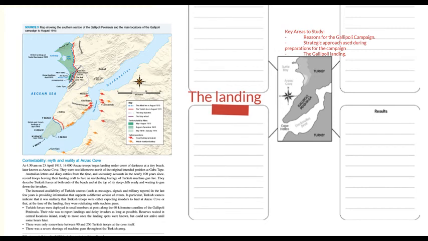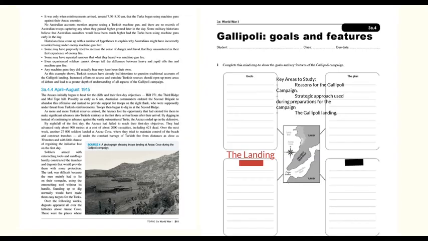And this here is the last section. In the actual worksheet that I'll send to you, it says something like the campaign. But because of what your assessment is, it's not going over the campaign, so we won't look at the battles like the Neck and Lone Pine, more the landing. So I've just said that there so you can do it yourself.